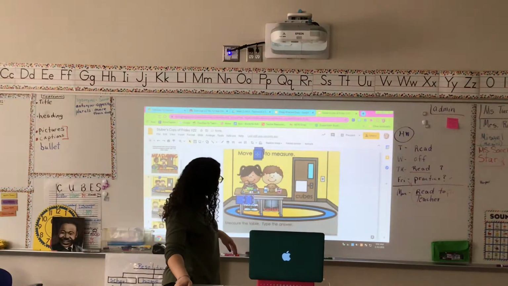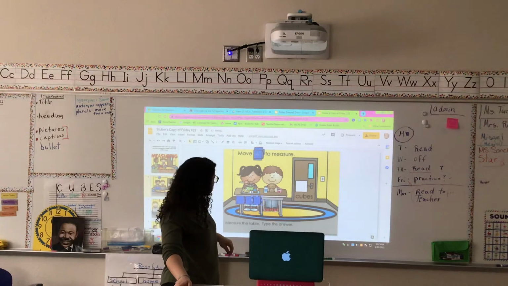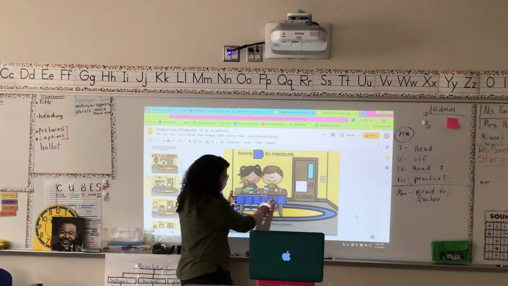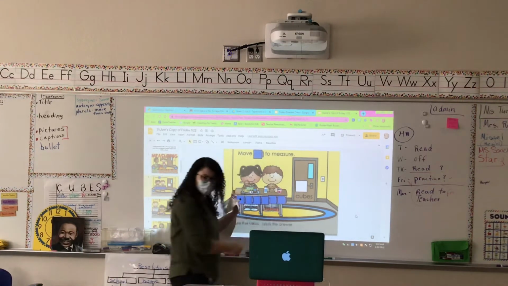So we got 1, 2, 3, 4, 5, 6. We have 6 cubes, and see how they're all even, how they're all close together and spaced?